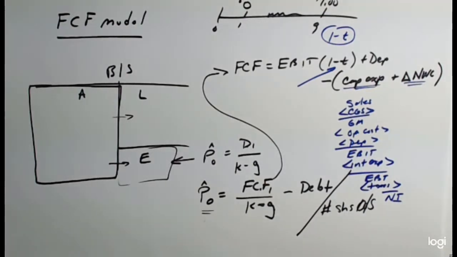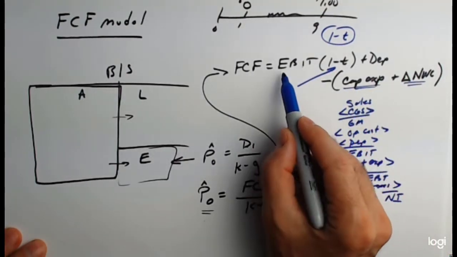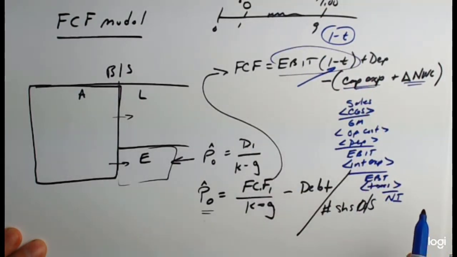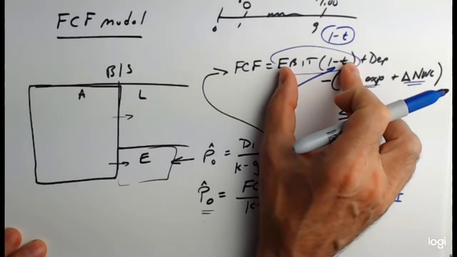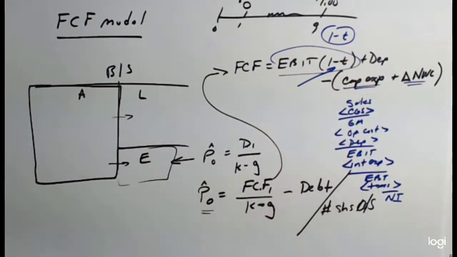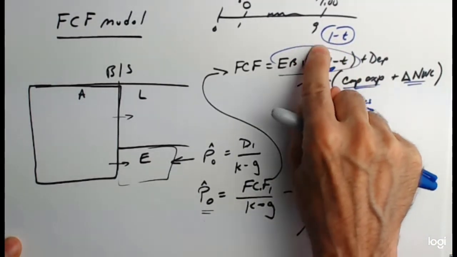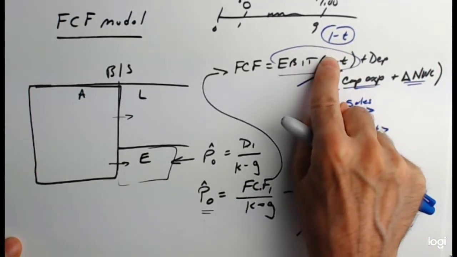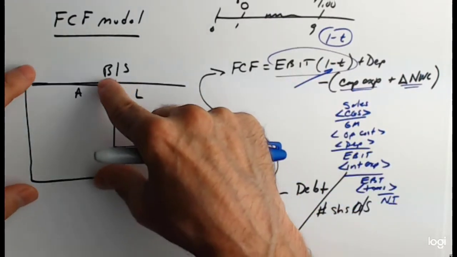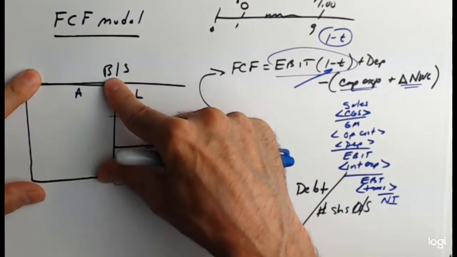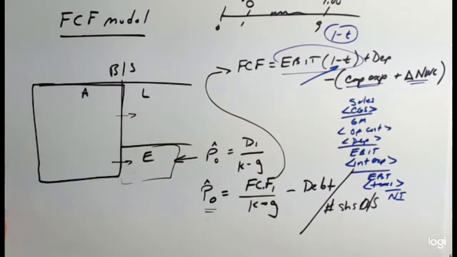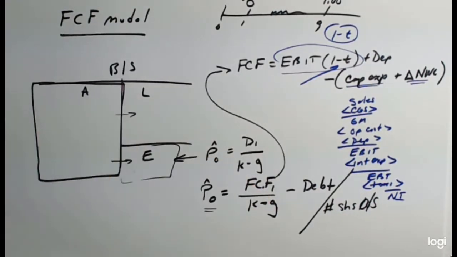So notice this is all reflected on the income statement. It reflects everything but interest expense. We don't want to deduct interest expense in this component because we're looking at the free cash flow generated by assets before there's any deduction for that interest expense, which is a financing area.